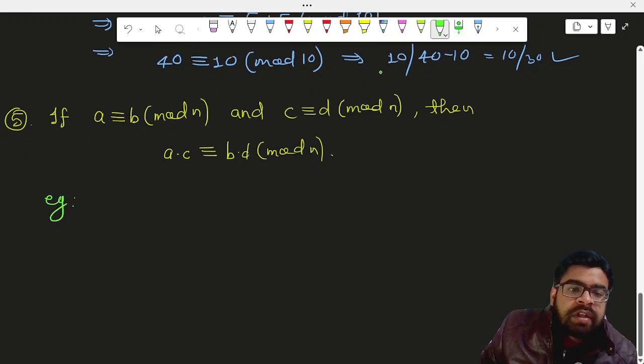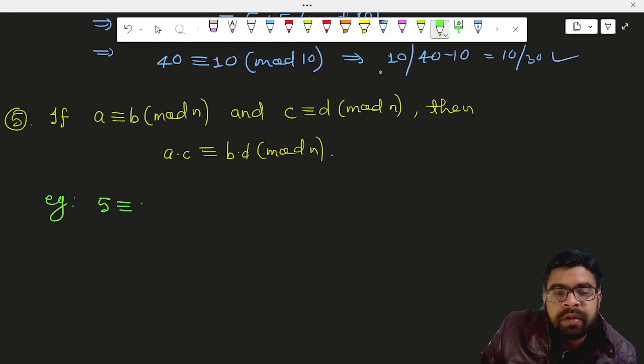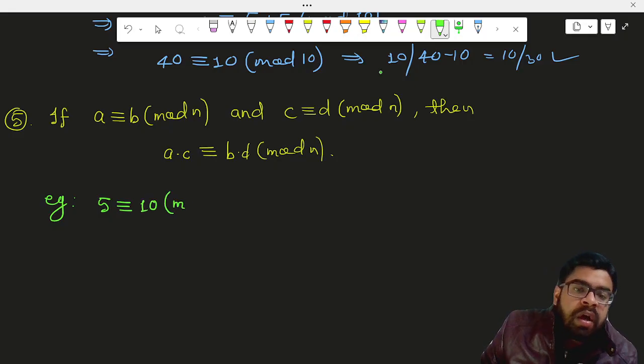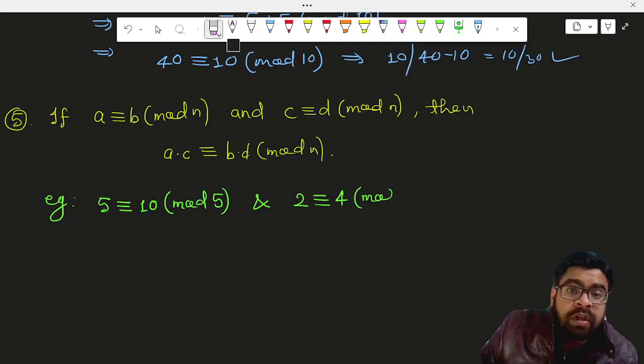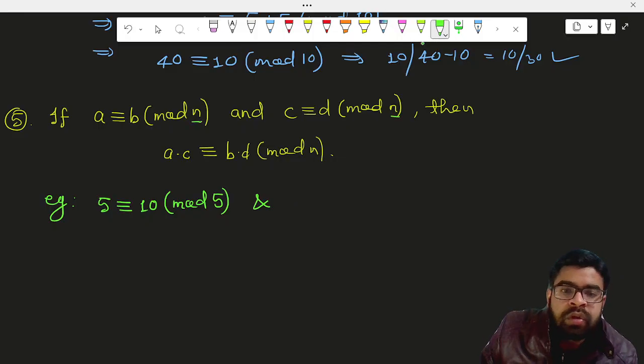For example, if I see here 5 congruent to 10 modulo 5, this always holds because 5 divides 10 minus 5. And if I take 2 congruent to 4 modulo 2, or sorry, we need to take modulo 5 here also, because if it is n, then here it should be n. So let's take modulo 5 here.